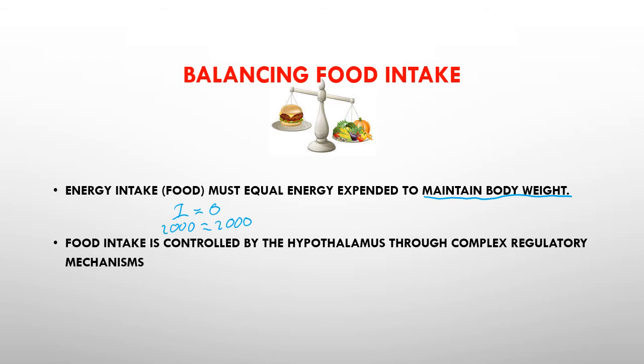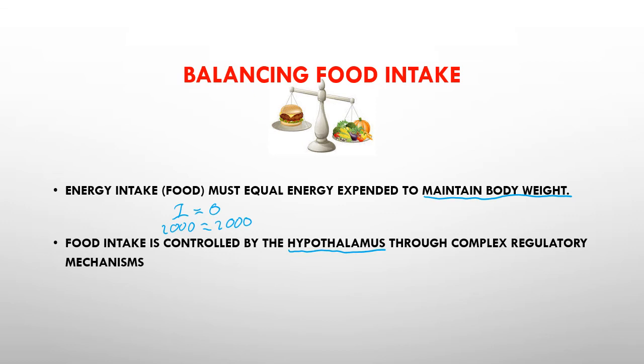The problem is that when it comes to our ability to eat, food for most people is readily available. And so although the hypothalamus has a strong control over our regulatory mechanisms for controlling hunger and satiety, we have this little thing that we call will.